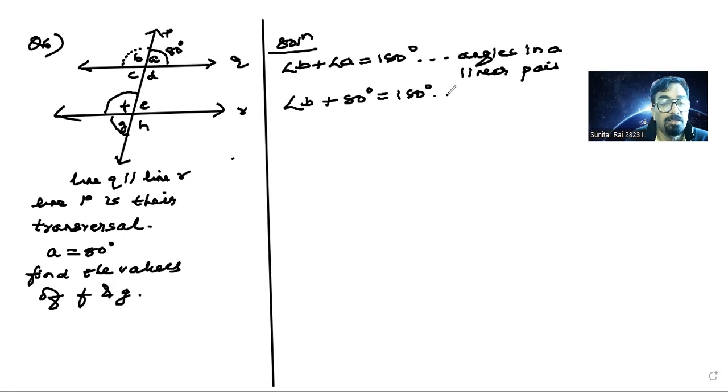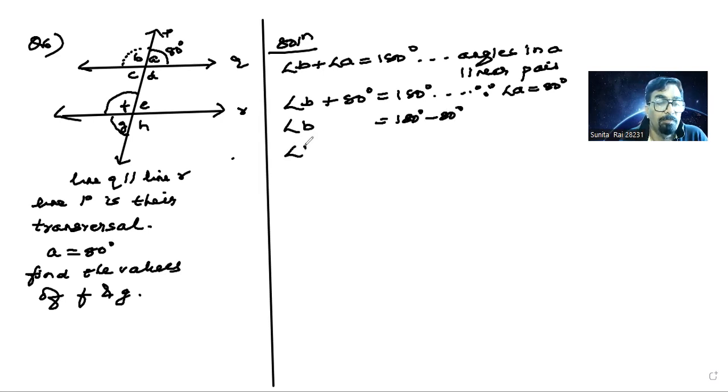Now angle B will become equal to what, children? 180 degrees minus 80 degrees. So angle B equals 100 degrees. This is one of your answers, children.